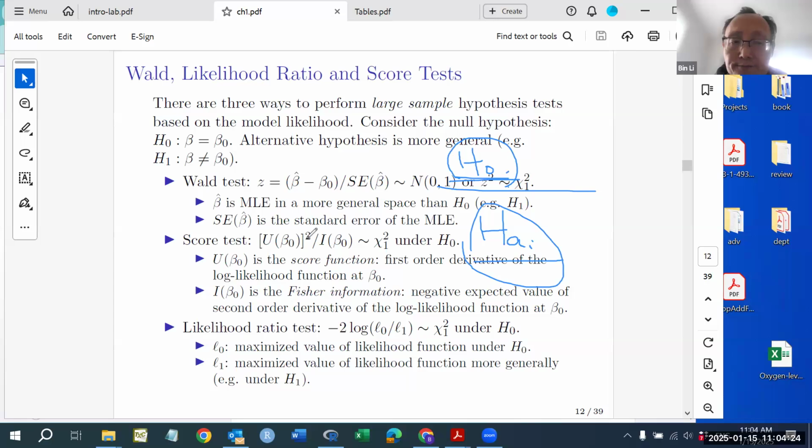So you can find the p-values under the null hypothesis. And if the p-value is very small, that means if the null hypothesis is true, it's very unlikely to observe what we had from the data set.